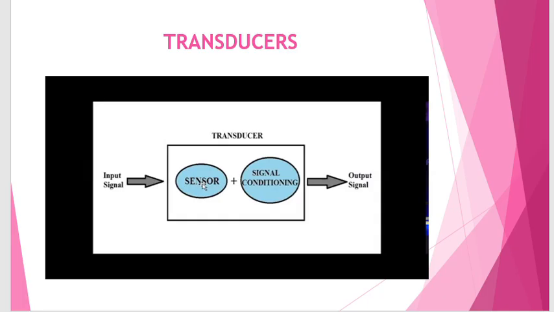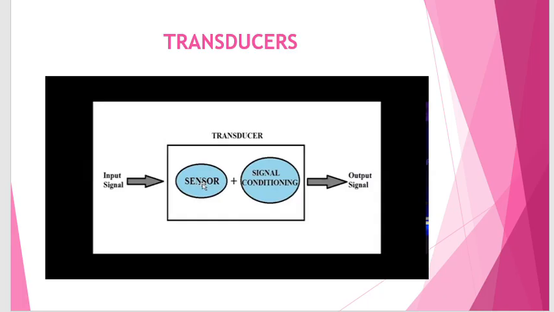For a closed loop control system, we require a sensing unit to measure the output. The output has to be measured and given back to the input through the feedback path. We require a transducer in the area of automation. So it is highly unavoidable, and in the measurement unit we also require a transducer.